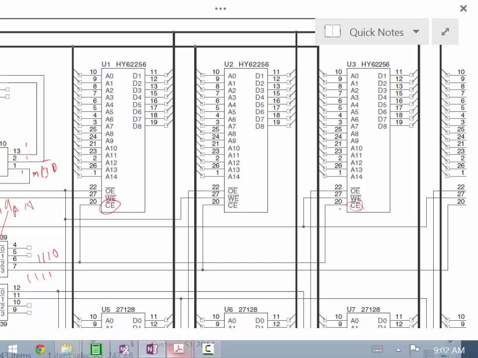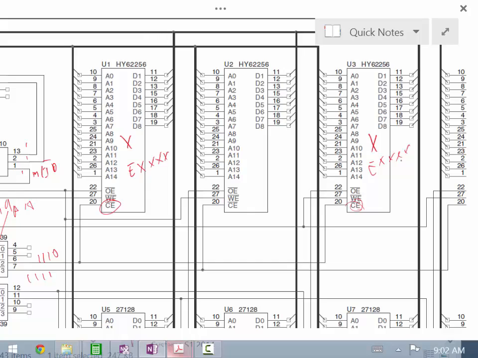So these two devices, this one here and this one here, are selected when E is our upper address, E, X, X, X, X. Those are selected when those particular addresses are present.